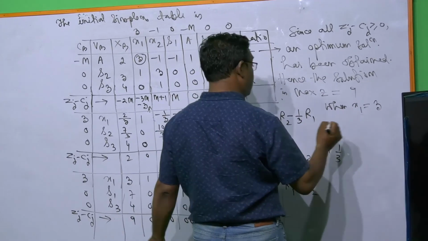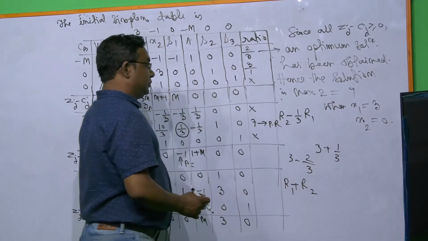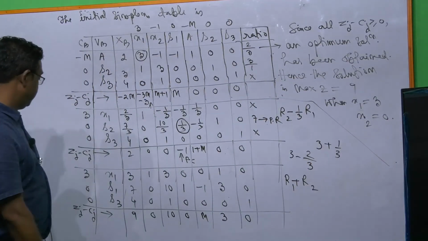There is no x2, so you take x2 as 0. So this is the solution.